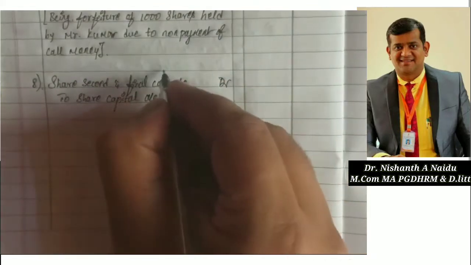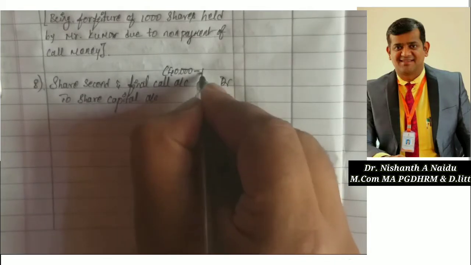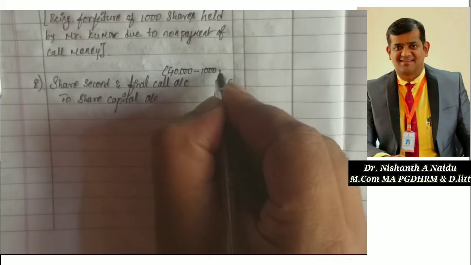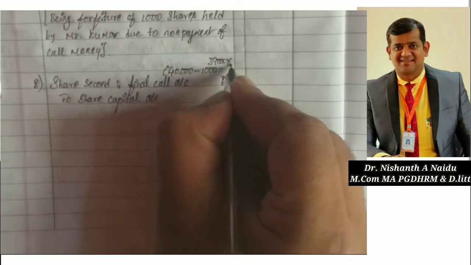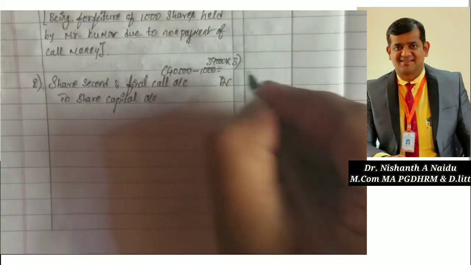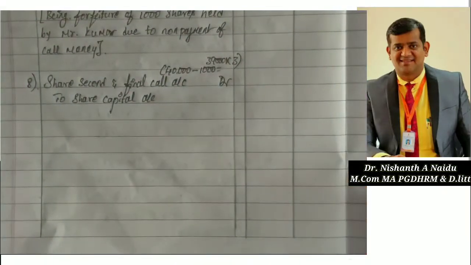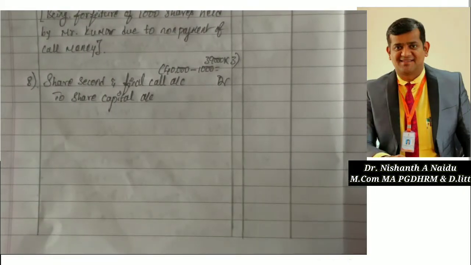So on 40,000 shares actually we are supposed to, but 1,000 has been forfeited, so the left out is 39,000 into how much is the second and final call money? Rupees 3. Correct. Second and final call money is rupees 3. So now calculate. That is 39,000 into 3.